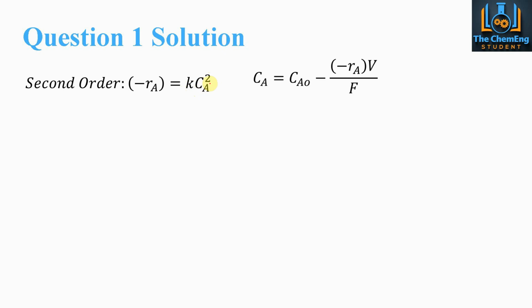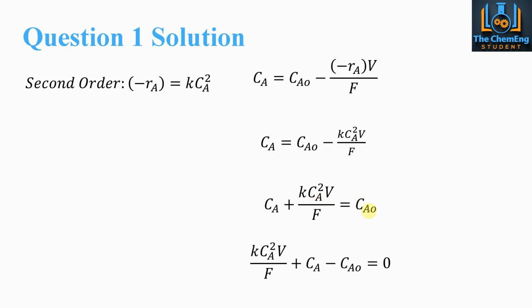So what we can then do is substitute this kCa squared into this equation, and we can see what happens here. Now we can see that we have a Ca here, and we also have Ca squared here. So we can bring this across to the other side, and we could bring the Ca naught across first, then factorise, and what we would be left with is a fancy quadratic equation.